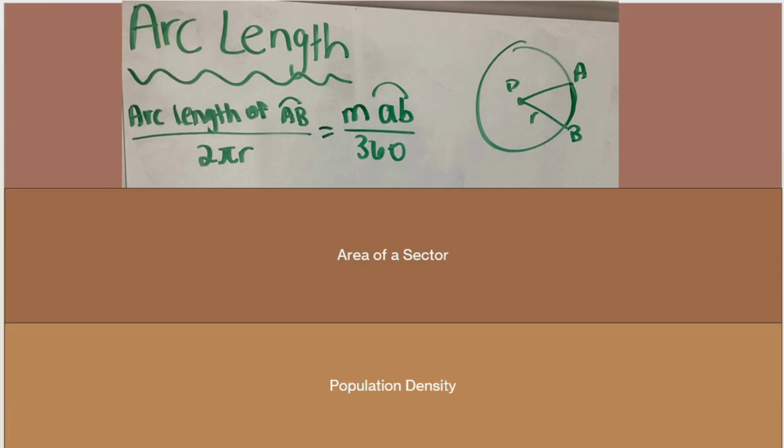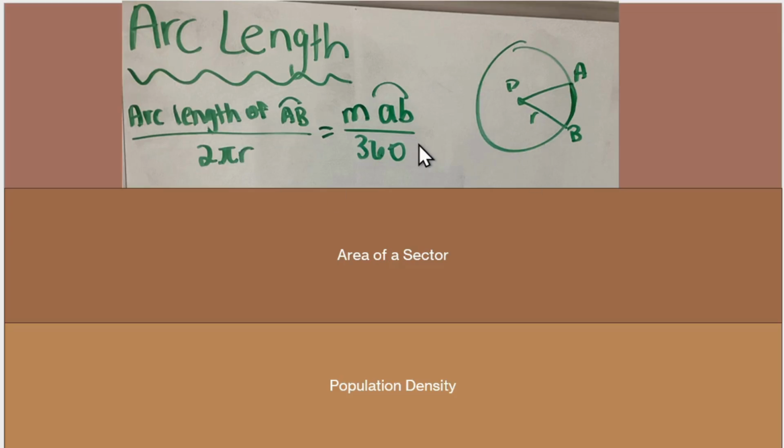Okay? So what you're going to do first is I'm going to give you a practice problem. Well, actually, I'm just going to explain this to you first, okay? So, over 360, this is where the angle goes. This is the angle, because over 360, that's how many degrees it is, okay? 2 pi r is the formula for the circumference.